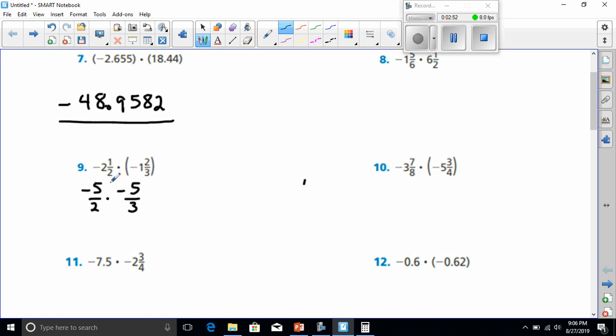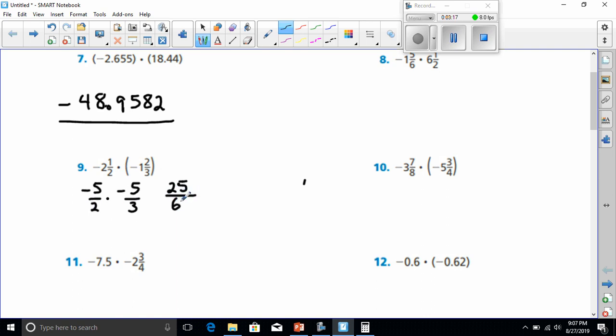Okay, and now we can multiply the top number to the top number. Remember, we multiply the numerator to the numerator and the denominator to the denominator. So negative 5 times negative 5 is going to give us a positive 25. Remember what we said, a negative times a negative equals a positive. And then 2 times 3 will give us 6.